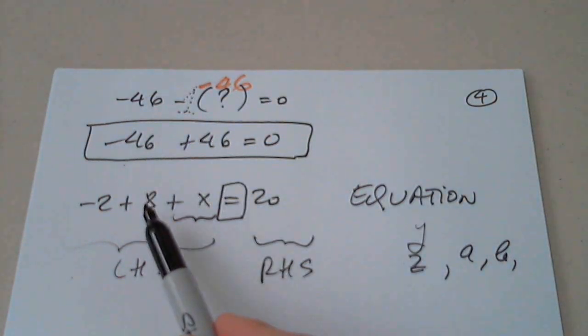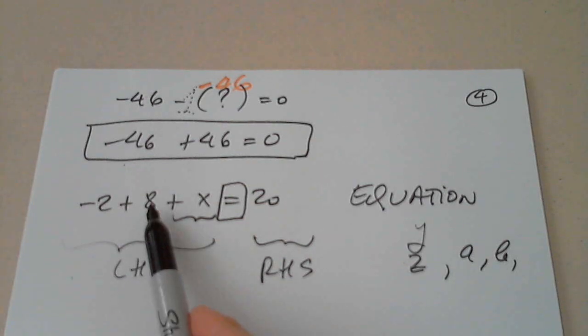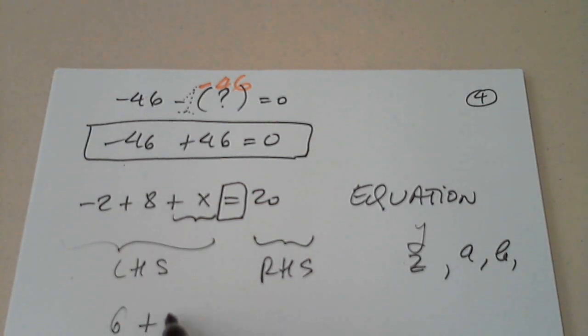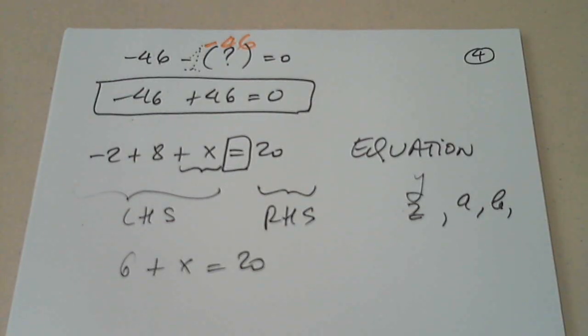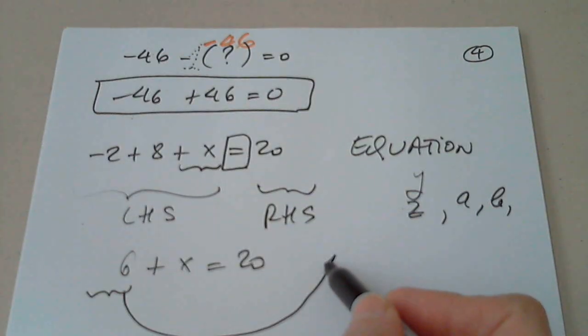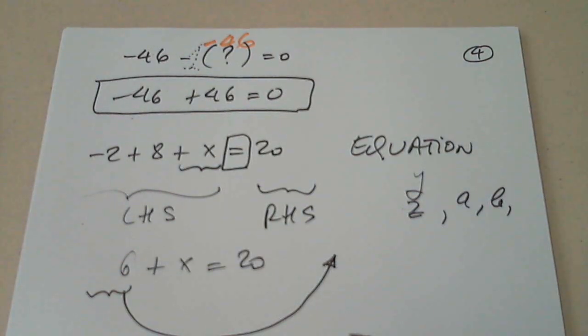So the left-hand side, I have -2 plus 8 or 8 minus 2. So now it's much easier to figure out what it is. Or, we know the answer already. Or say I want to move this number to the other side in order to get x.